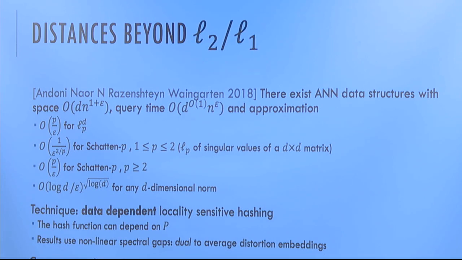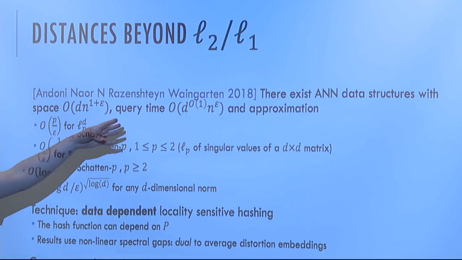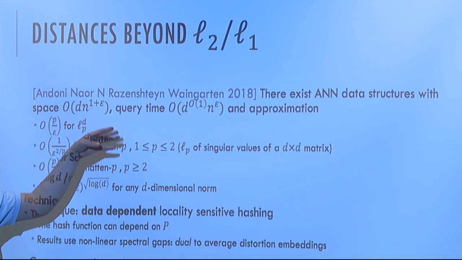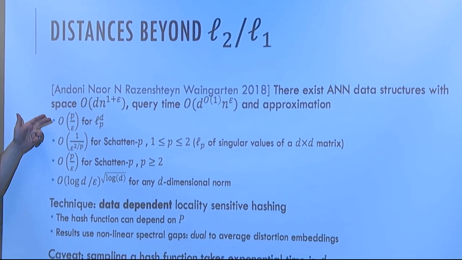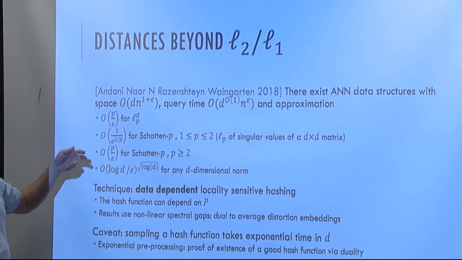We have approximately linear search data structures with similar guarantees in terms of space and time as locality sensitive hashing. They achieve these approximations for different spaces. So we have some results for LP and Schatten-p spaces.